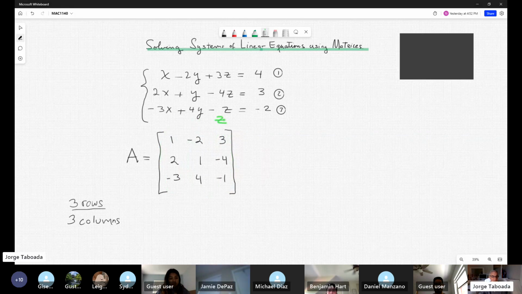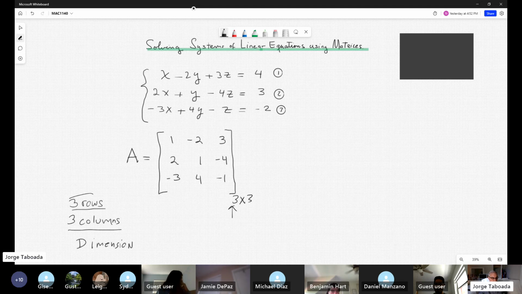So basically, at this moment I want to explain the dimension. What is the dimension? The dimension of our matrix is 3 by 3. This first 3 indicates the number of rows, and this second 3 is the number of columns.